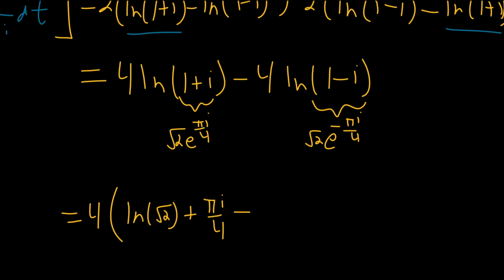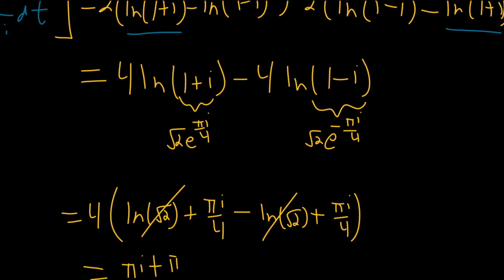And then we're going to have minus the natural log of that right there, which, again splitting this up by properties of logs, is the natural log of the square root of 2, but then minus the natural log of e to the minus pi I over 4, but the minuses are going to cancel, and we get pi I over 4. And these right here cancel again, so what we're left with is 4 times all of this, which is just pi I plus pi I, which is equal to 2 pi I.